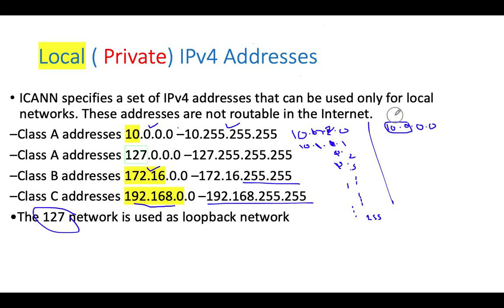Keep this one as it is, no change, until you finish those. So this is 0 until 255, 1 until 255, 2 until 255, until you reach 255.255. Then if I finish 255.255, now you do the same thing, but change this one into 1. So 1.0.0, 1 dot, like that, and it's going to give you heaps of numbers.